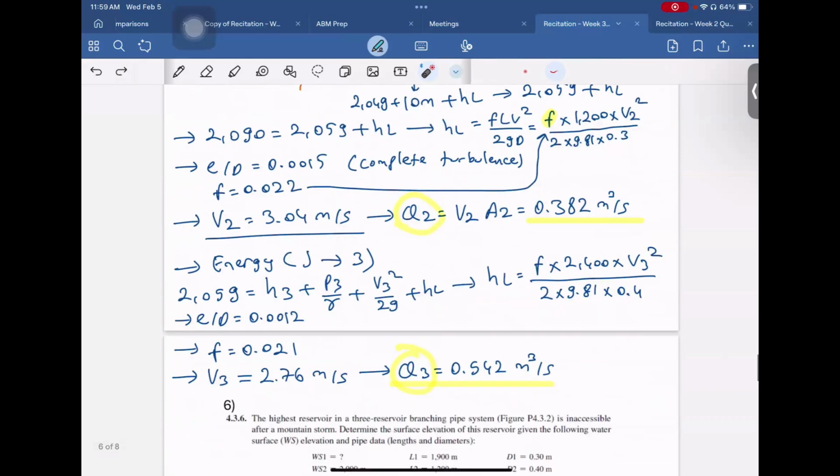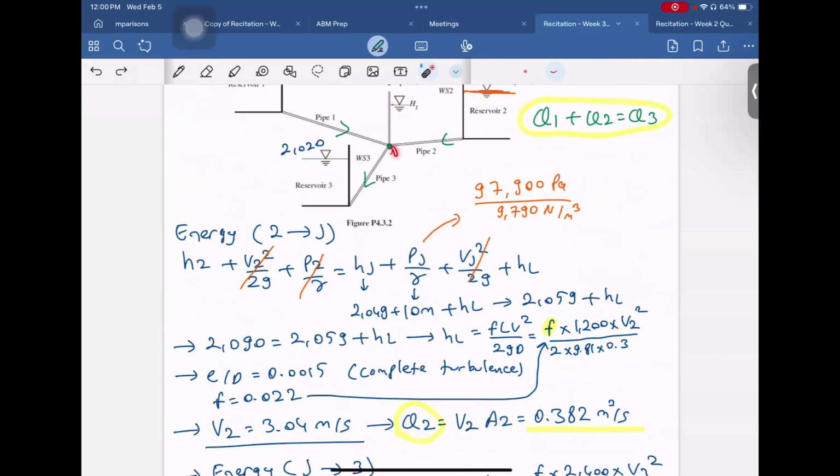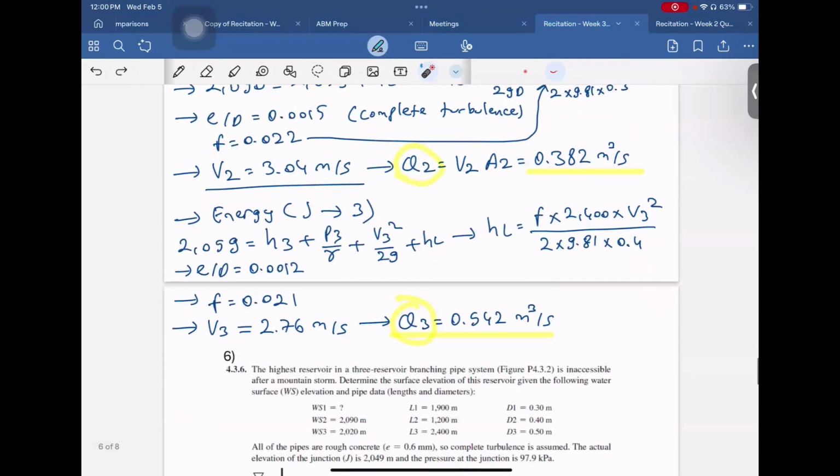Similar to this process, we applied the same one from J to 3. This time it is from J to 3 because water is moving from J to 3. And head loss on the right-hand side. The energy level at J is still the same, 2059. And similarly, we didn't know F and V. And based on E over D, we assumed the friction factor is 0.021.